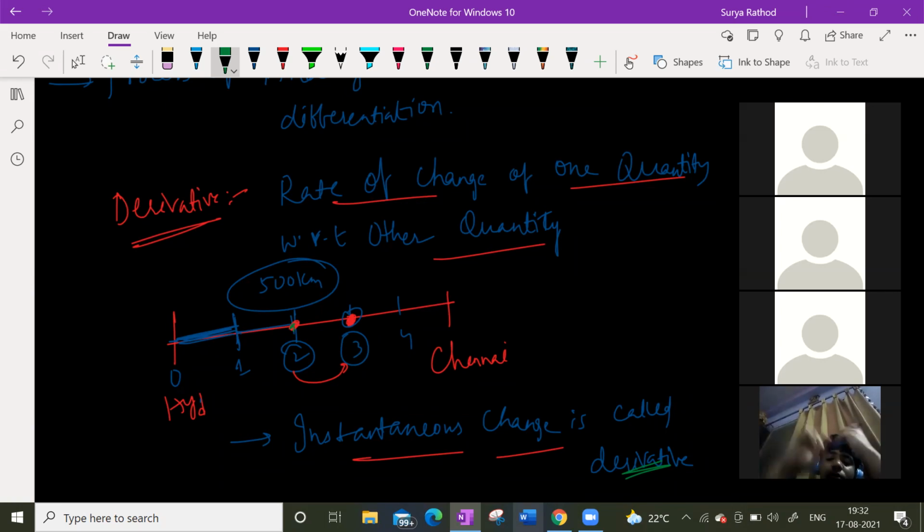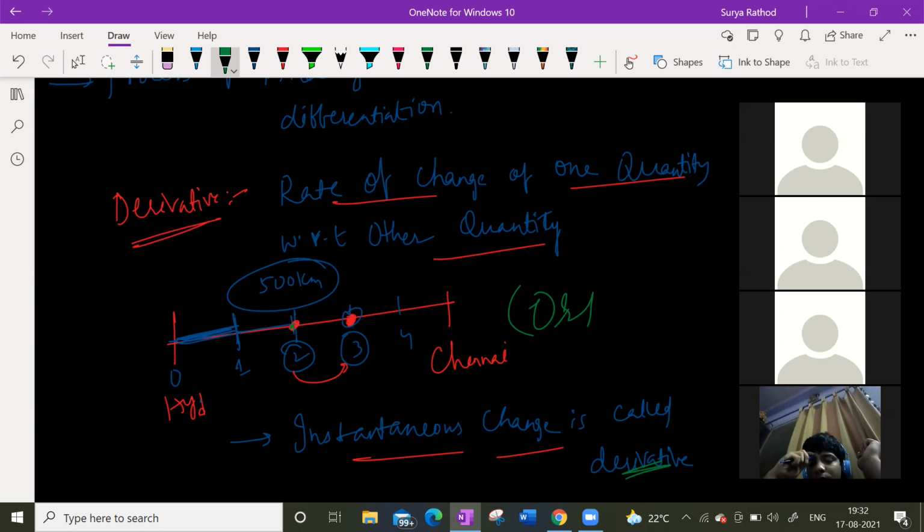So instantaneous change is also called a derivative, or the other definition is what? Rate of change of one quantity with respect to another quantity is also called a derivative only. Instantaneous change is what? After a certain point. See here, you're traveling from Hyderabad to Chennai. I'm asking you, after 4 hours, what was your speed?